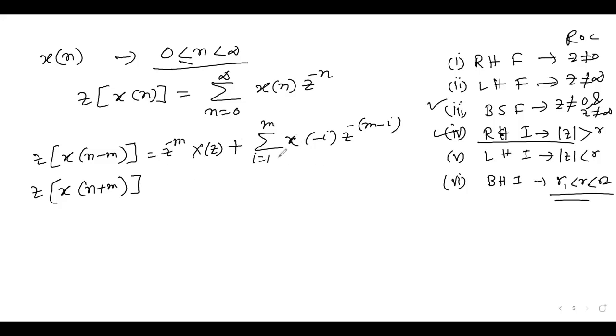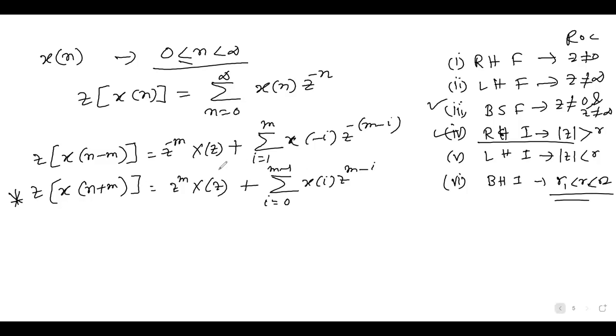And if it is shifted in the plus direction, its formula is z to the power m X(z) minus summation i equal to 0 to m minus 1 of x(i) z to the power m minus i. Okay, let us prove this formula.